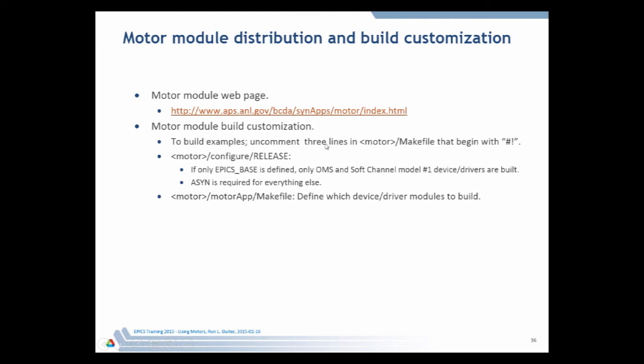If you don't define ASYN, you're not going to get a whole lot. And if you want to tailor the build on a vendor or manufacturer basis, there's the motor app makefile. You can comment out modules from there and only build the device support that you want.